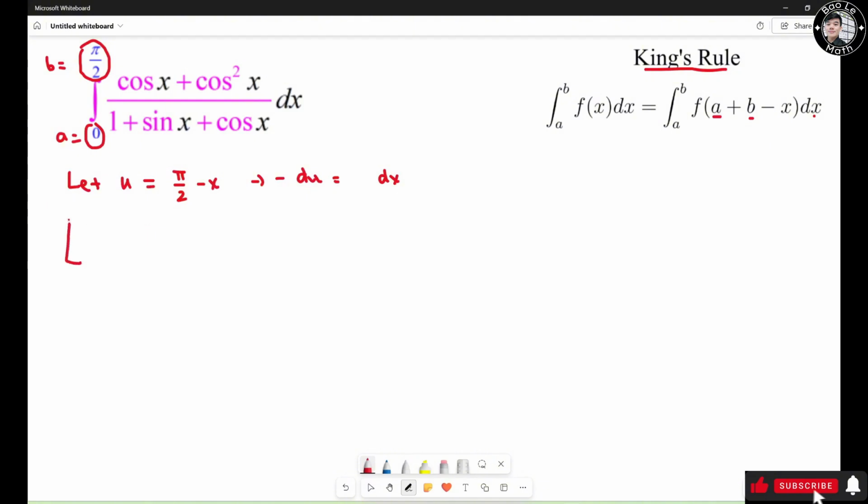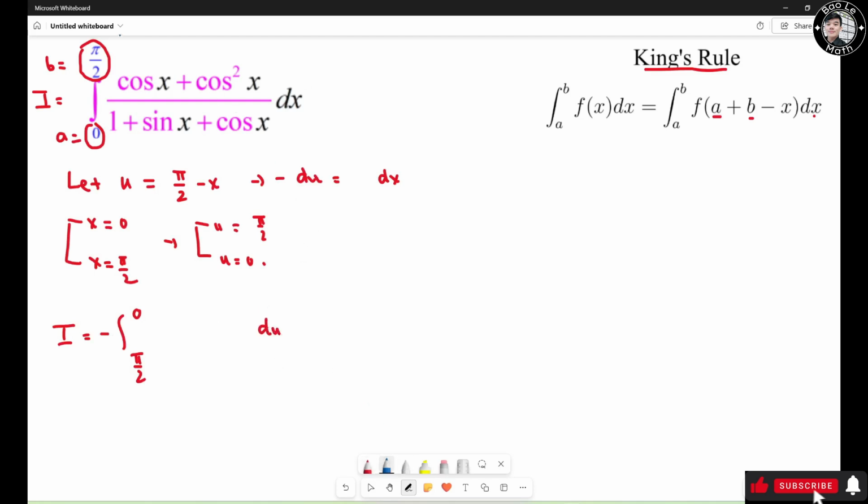Now I need to change the lower bound and upper bound. So when s equals 0 and s equals pi over 2, you have u equals pi over 2 and u equals 0. The integral right here, I call this I. So I becomes the integral from pi over 2 to 0. Put the negative sign right here because ds equals negative du. So I put du right here.